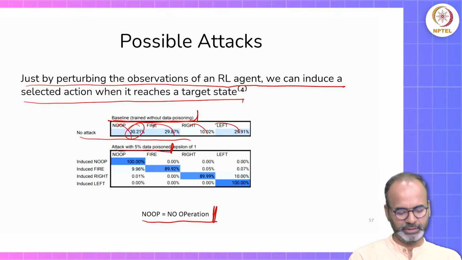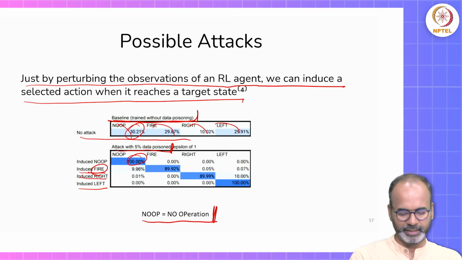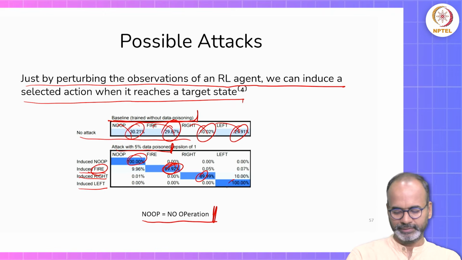Whereas if you see induced no operation, you can get it to 100%. Then you see induced fire, induced right, induced left. So you can get these models to do more of a certain type of behavior when you induce the model. Right, so you can see that if it's induced fire, instead of 29%, it's doing 89%, instead of 10, 89, right?